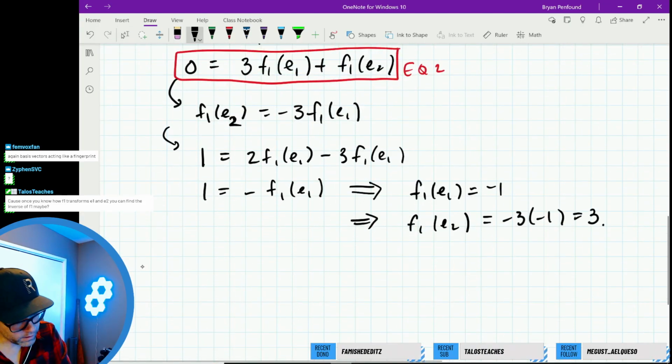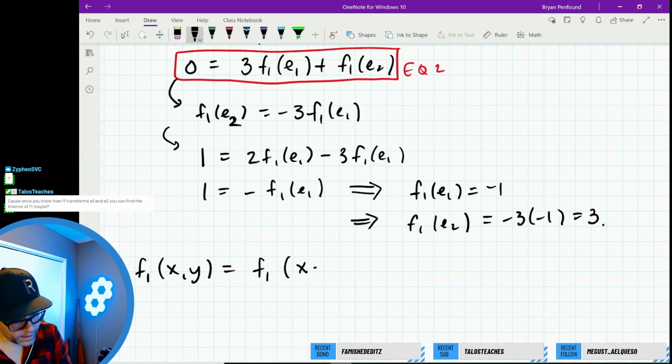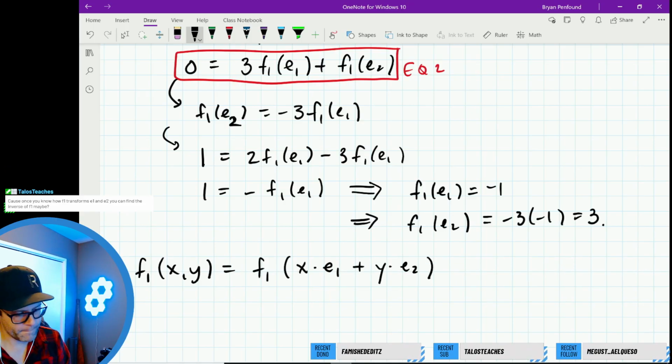Okay, let's see if we can construct that. So F1 at any input vector should be equal to F1 of x copies of E1 plus y copies of E2, right?